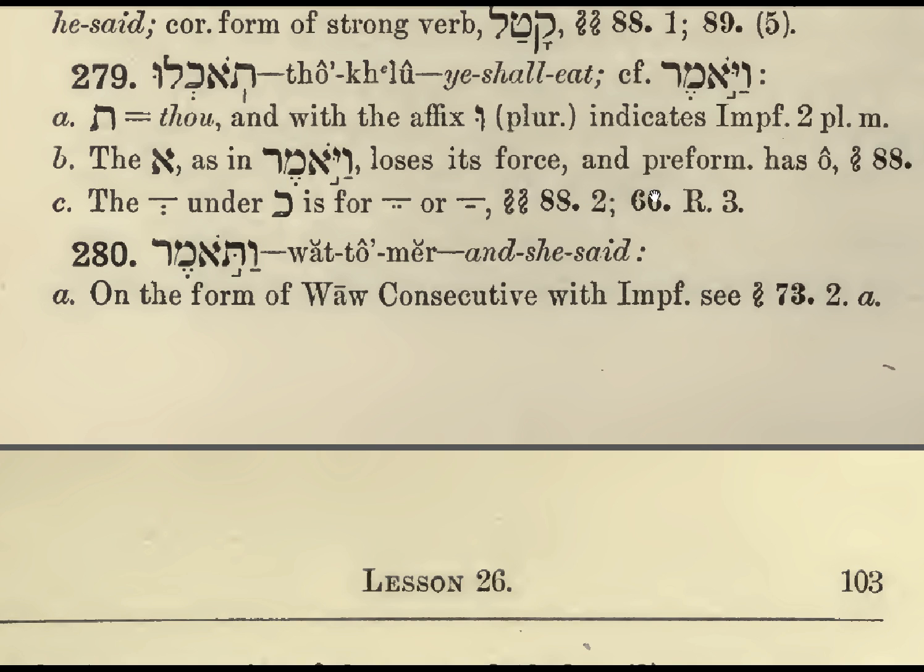So it indicates imperfect, second person plural masculine, you all. The aleph, as in vayomer, loses its force and the preformative has o. The shava under the chaf stands for e or a.